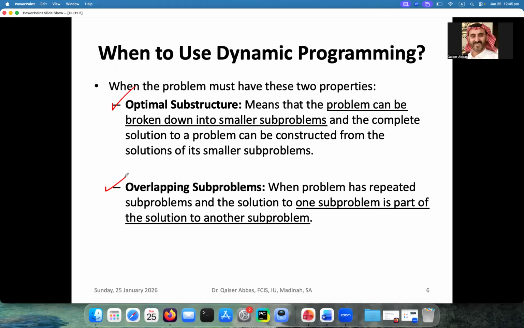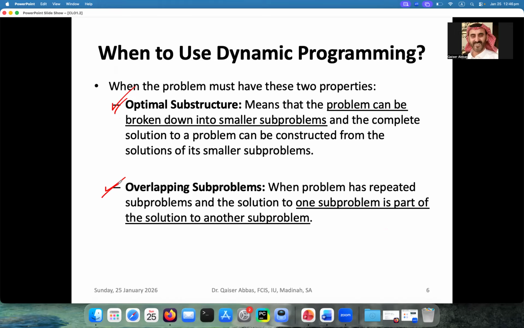So what are those two things? In short, when we have to use DP, the answer is if these two things are available in your problem, only then you can use DP. Number one, optimal substructure, and number two, overlapping subproblem.